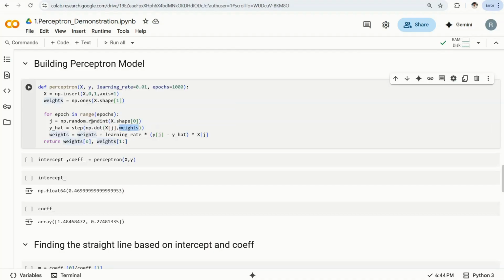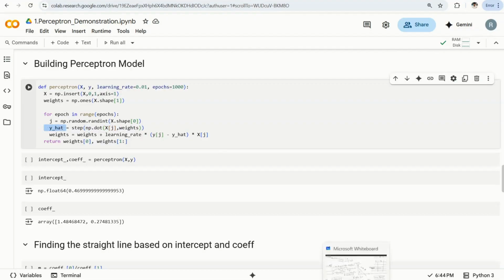I'm taking any weights here, and j is my random number. I have taken any point from my x. I'm getting that j and applying the weights, and this is my dot product. After the dot product, I'm applying the step function. So this whole process is nothing but forward propagation, and it will produce me y hat, I mean y prediction.